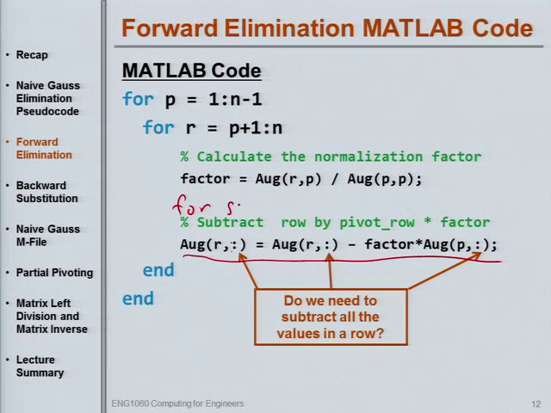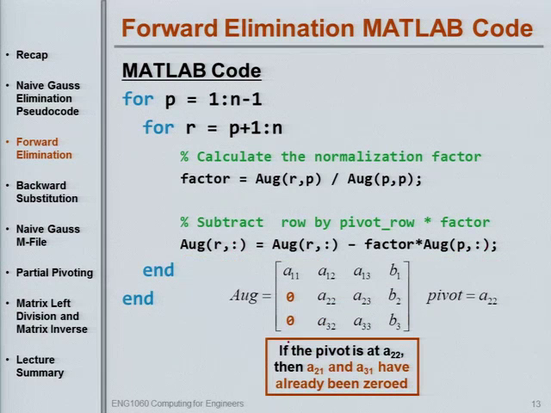For S is equal to, make sure I get this one right, P to N. Org RS is equal to org RS minus factor times org PS. Okay, so in actual fact, we could nest this in 3 loops if we wanted to, but it's much easier to write it like this. We're just doing it to the entire row. We just use that colon notation.